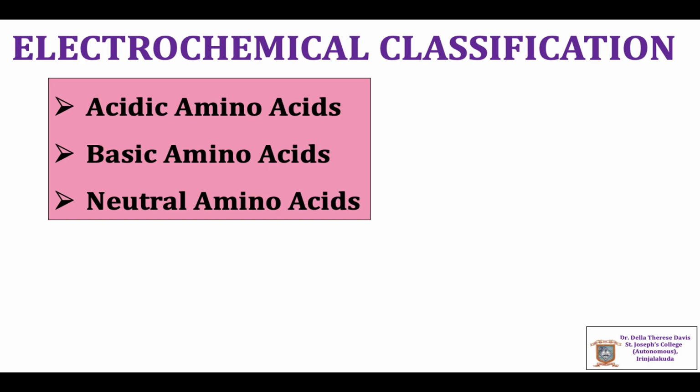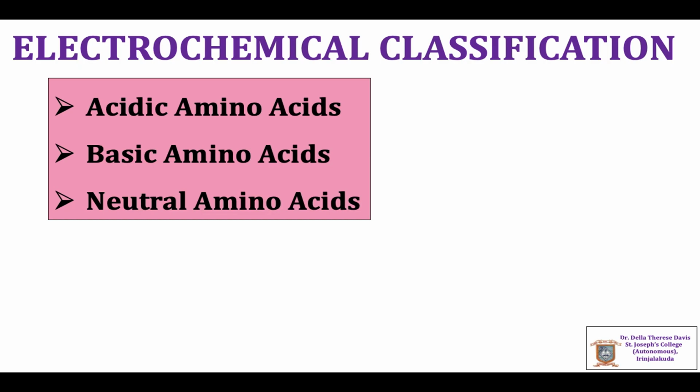In electrochemical classification, amino acids are classified into acidic, basic, and neutral amino acids. As the name indicates, acidic amino acids have enhanced acidic character due to the presence of an additional carboxyl group in the side chain, in the R group.